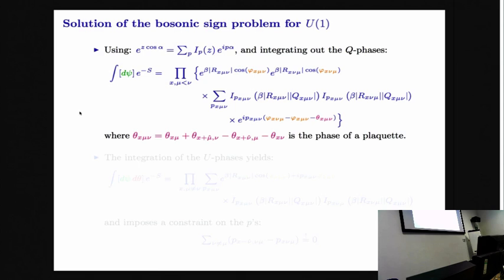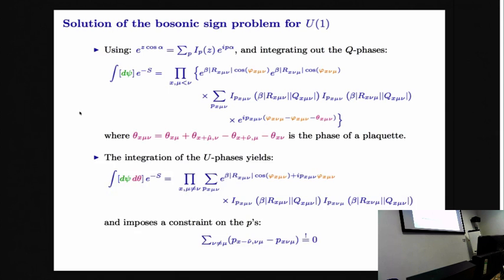which is familiar from expansions in U(1). After integrating out the phases of the Q variables, you get a combination which is just the phase of a plaquette, but you still have two phases left. Integrating over the phases of the link variables, you get a constraint on these additional numbers that show up.